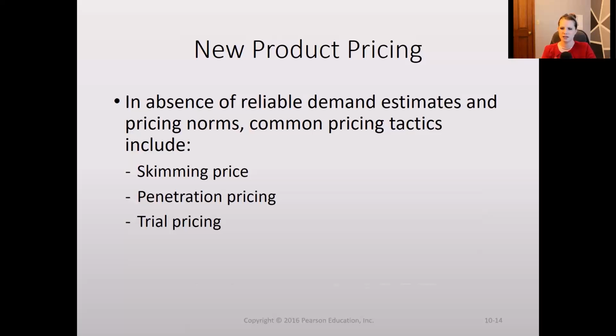If you think about technology products, these tend to use a skimming strategy. If you think about the very first, really the precursor to cell phones, were those bag phones that people carried around, or car phones that had to plug into your car. Those were wildly expensive. Those were like $4,000 a phone.